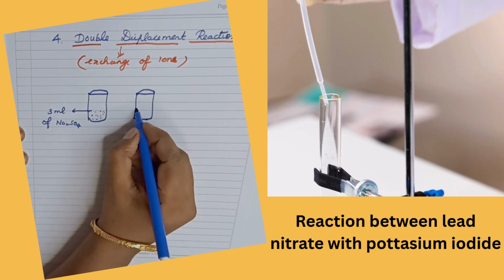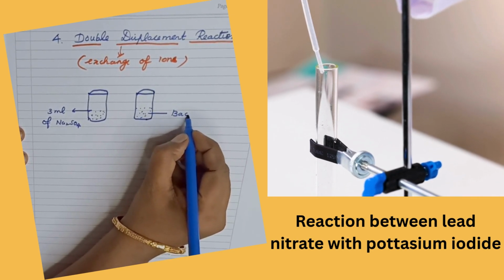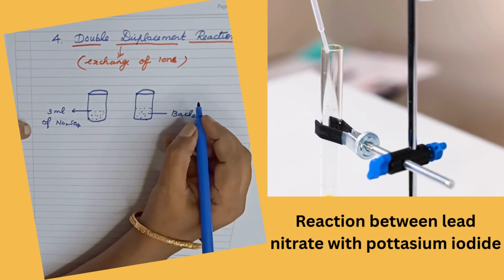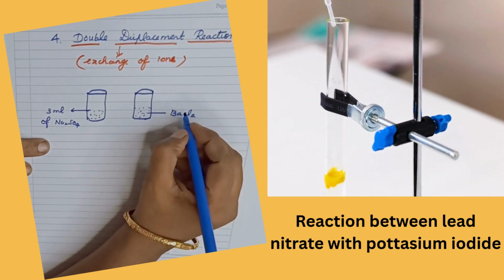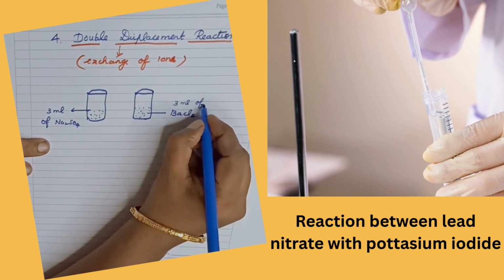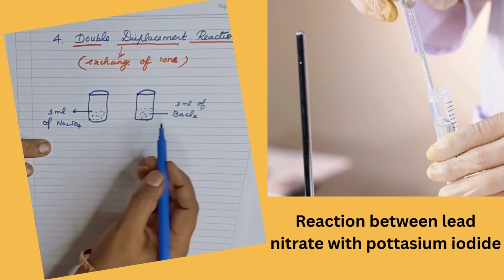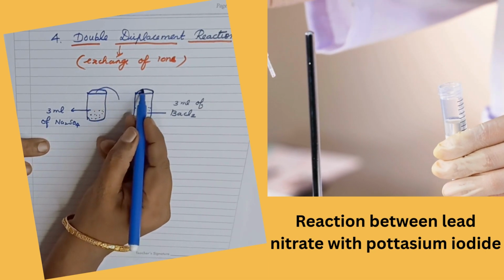In the next test tube, we take 3 ml of barium chloride. We already studied in 9th standard the formula of sodium sulfate, Na2SO4, and barium chloride, BaCl2. Equal amounts, 3 ml each. Now we mix these two solutions.